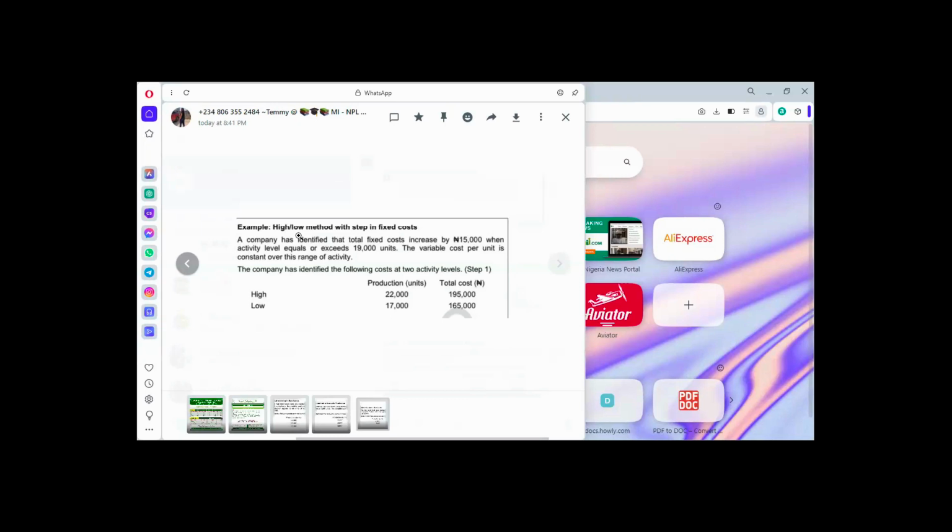The company has identified the following costs at two activity levels. We have 22,000 units, which is the high, and we have low 17,000 units. The costs are also given.